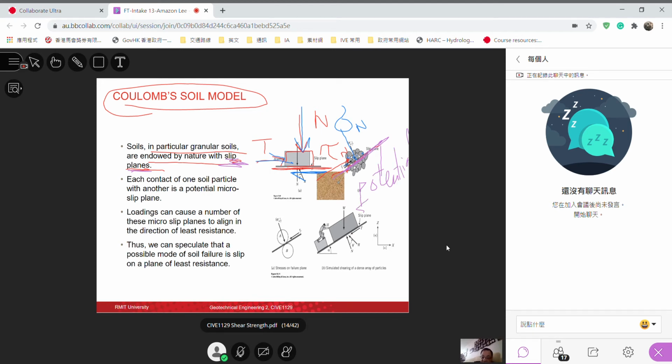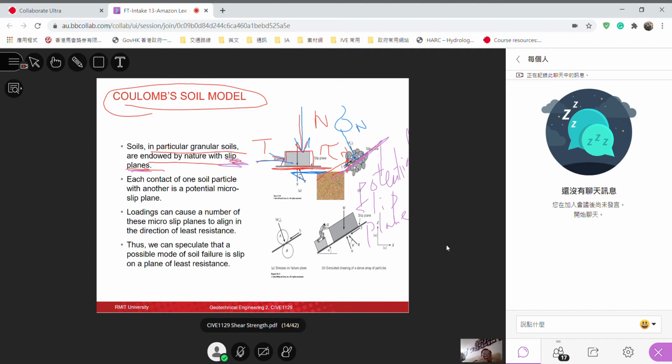That means soil particles will slip, roll over, and move across this potential plane, and then allow the soil to shear.